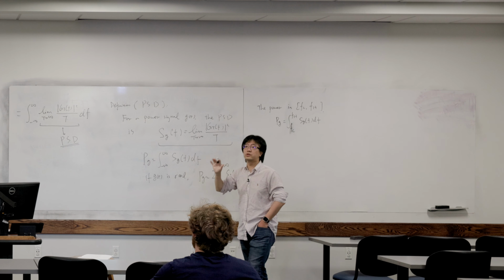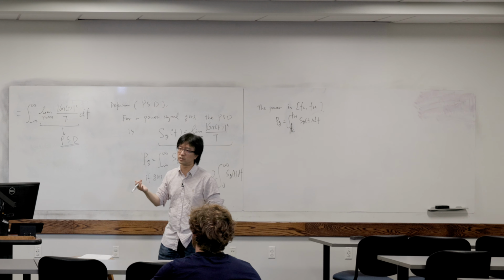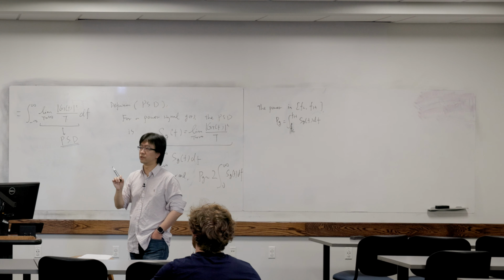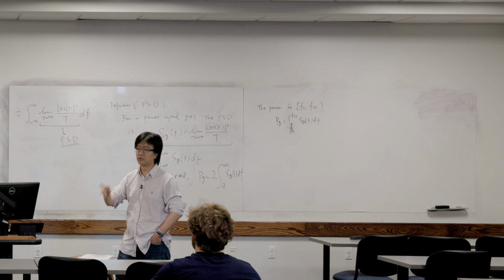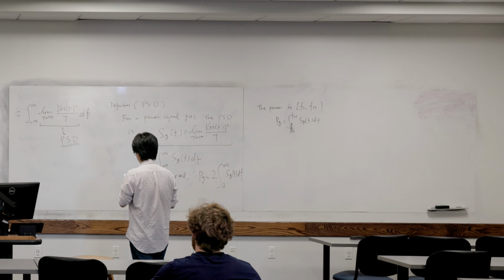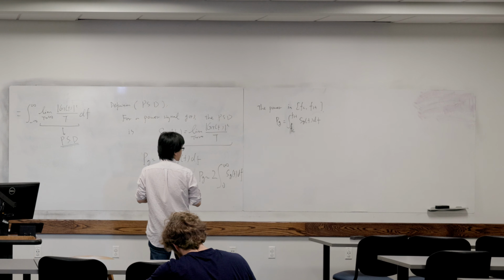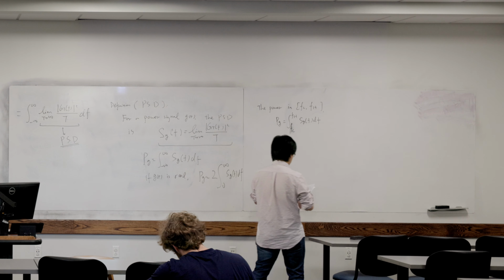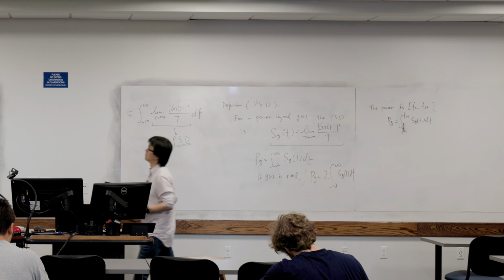Can we define a kind of autocorrelation function, compute that, and do the Fourier transform to get it? That's another route. Let's see whether that is possible. That's what we're going to do next: see how we can compute the power spectral density.